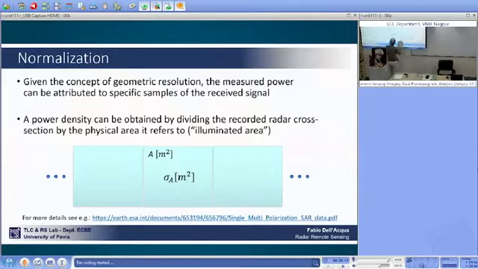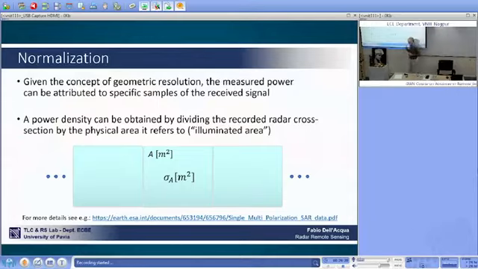And you attribute to that surface a so-called radar cross-section, which is the unit of measure for the reflectivity of the object.